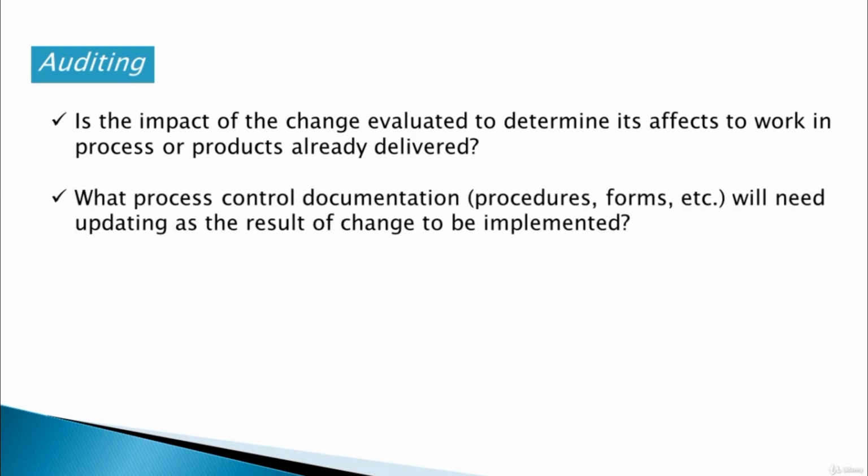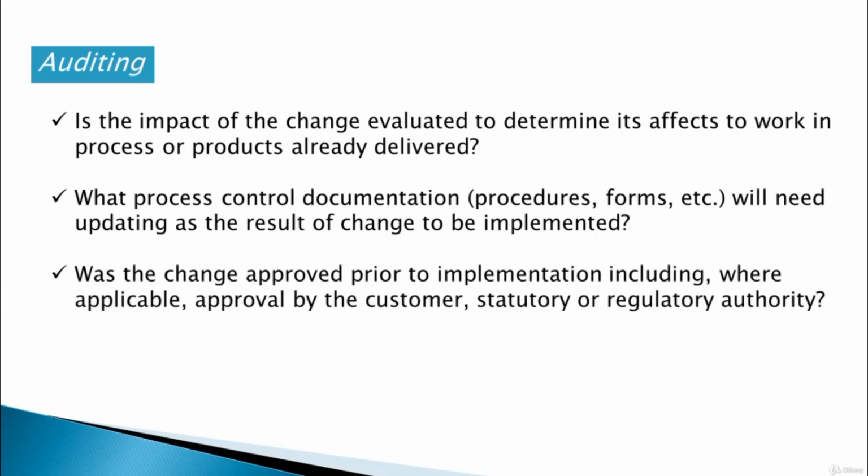The auditor needs to also see what process control documentation like procedures or forms will need updating as a result of the change, and also was the change approved prior to implementation, including where applicable. So basically taking into consideration the customer and legal requirements or legal authority. So was the change approved by the customer and by the legal authority?